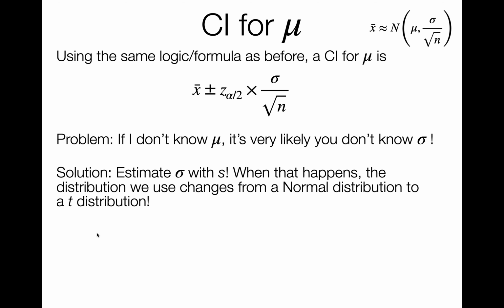When I estimate sigma with s, meaning I put s in that formula, the distribution that we use to find that confidence factor is no longer normal. That means it doesn't follow that model that we talked about and called normal. It changes to something called a t-distribution.